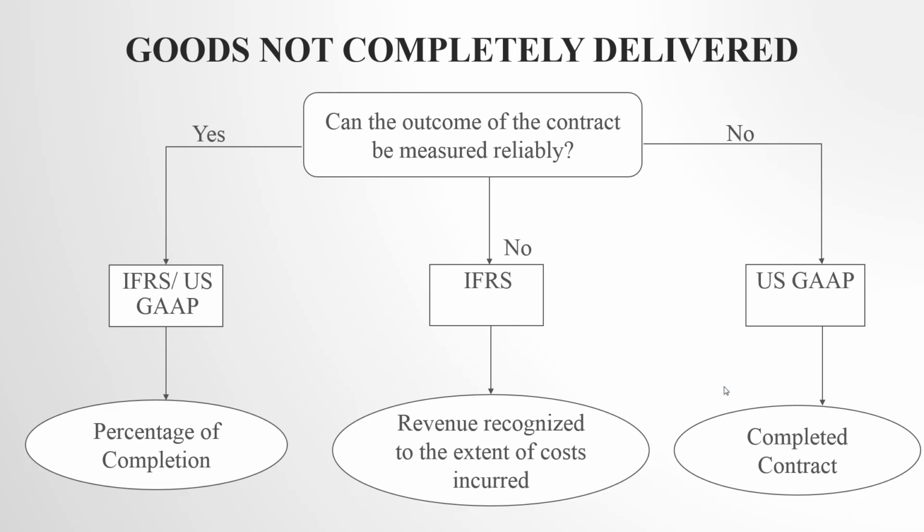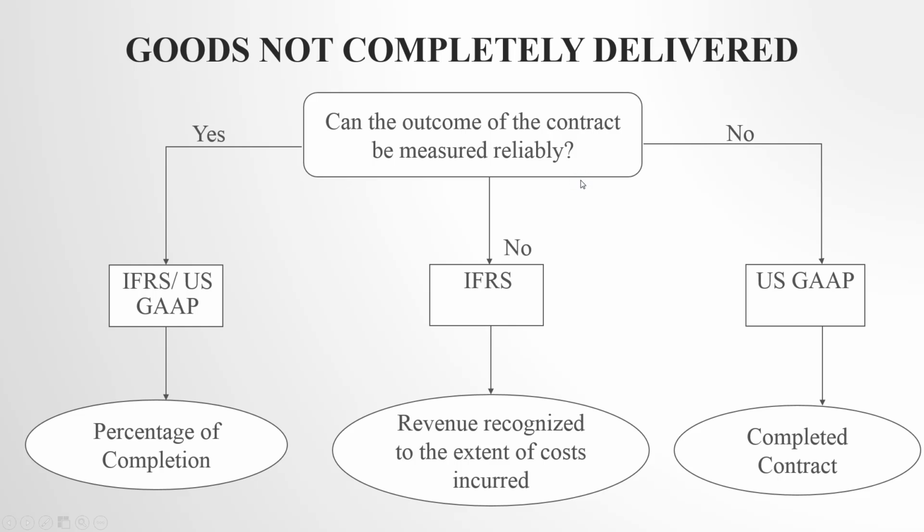The question we need to ask is whether we can measure the outcome of the contract reliably or not. What does this mean? Well, are we able to reliably estimate the total contract revenue? Are we able to reliably estimate the stage of completion of this contract?